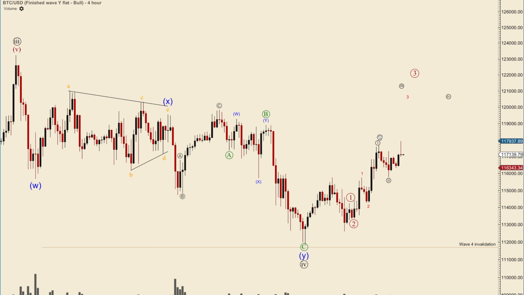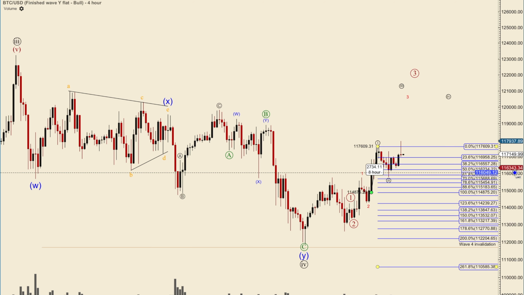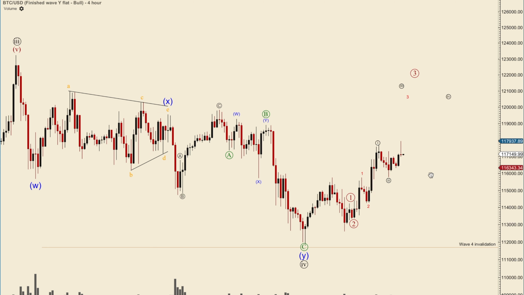If this is wave 1, we need to have wave 2 here, and this hit the 61.8 fib, so the wave 4 target. So this isn't really the highest probability scenario yet, but this is still evolving.